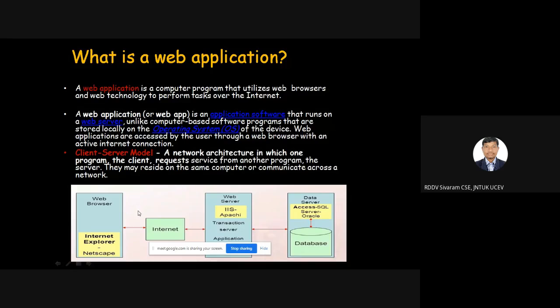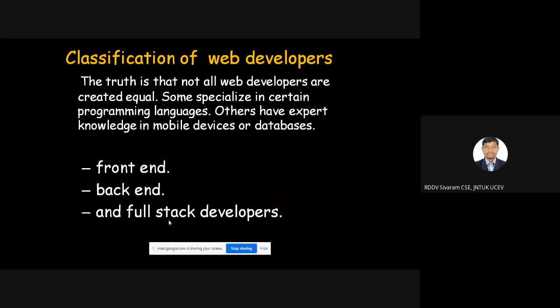Now if you want to implement such an application, it's software, it's a program. How to write that program? Traditionally, the creation of a web application is categorized into two different modules: front end and back end.